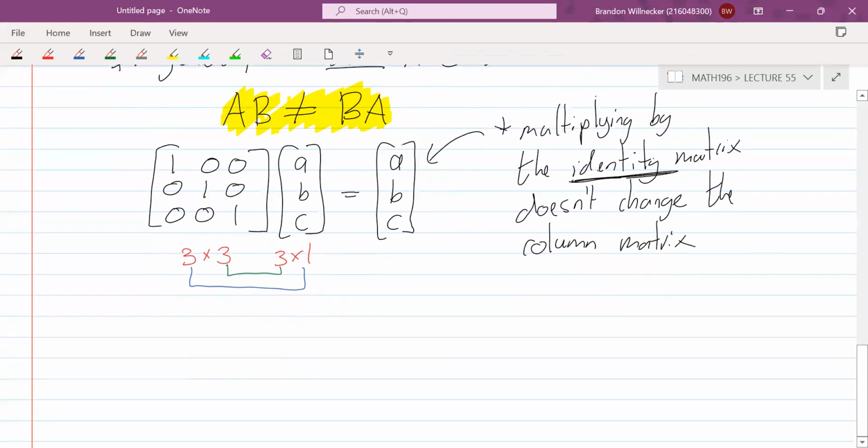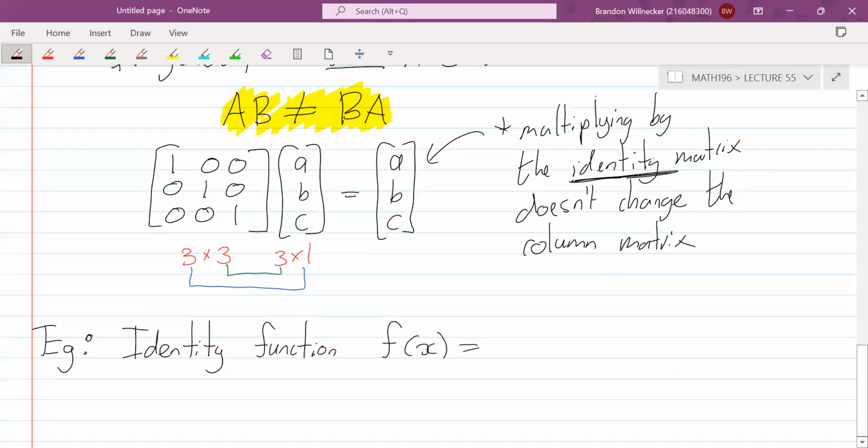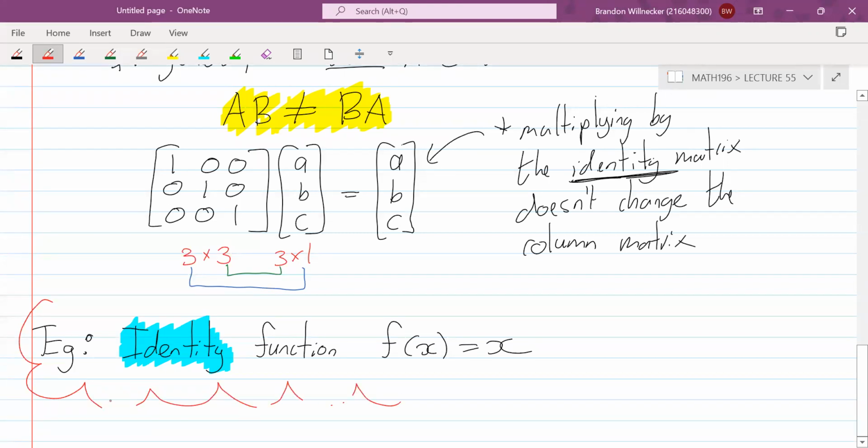So for example, the identity function would just be something like f of x is equal to x. Okay, it doesn't change the inputs. So again, in maths, when you see identity, like identity matrix, identity function, think to yourself, it doesn't change the inputs. It leaves it as is. Okay, so that's just a little extra thing to keep in mind.